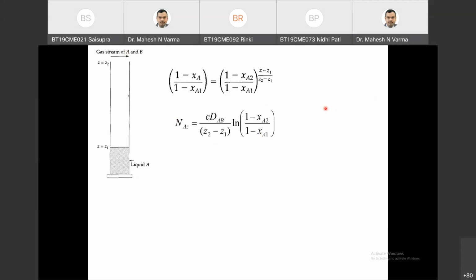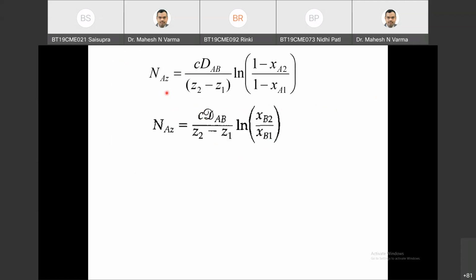We'll try to simplify the equation mathematically. Nothing complicated, just a mathematical simplification. Instead of writing this form of equation, we can write a different form. This is our NAZ. NAZ will be equal to C into DAB over Z2 minus Z1 times ln of (1 minus XA2) over (1 minus XA1).